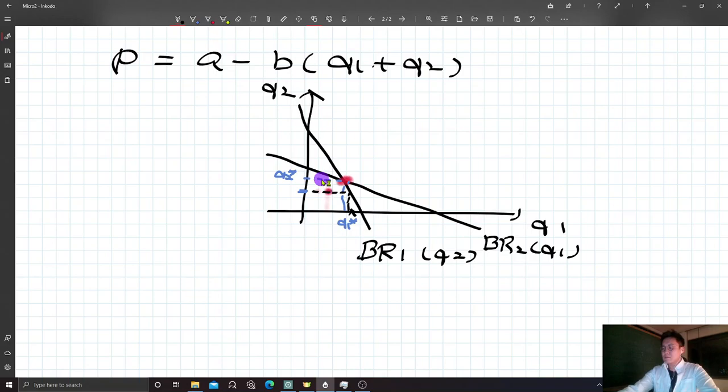Okay, so even in non-cooperative game theory, we also studied such a cooperation motive.